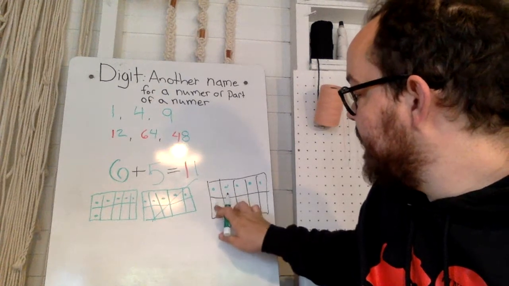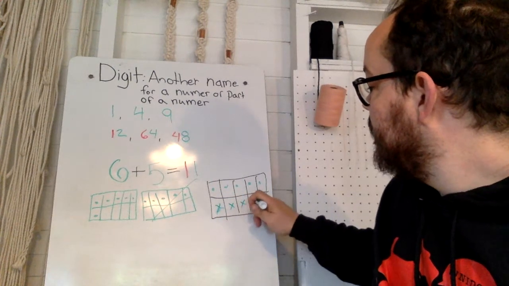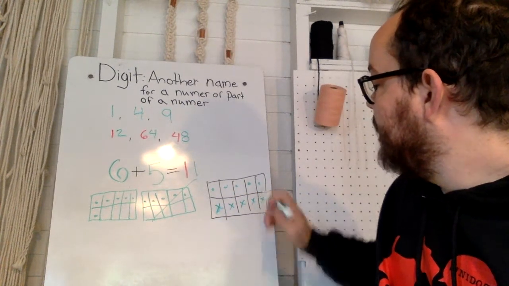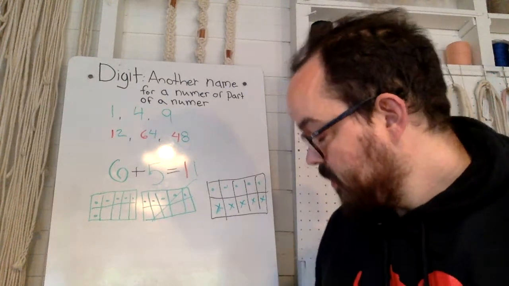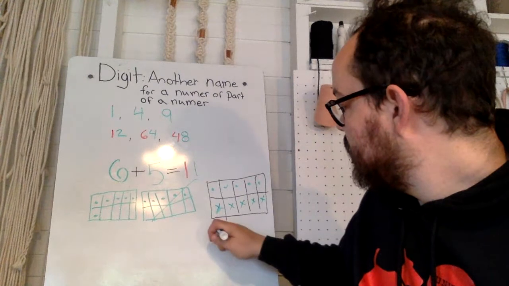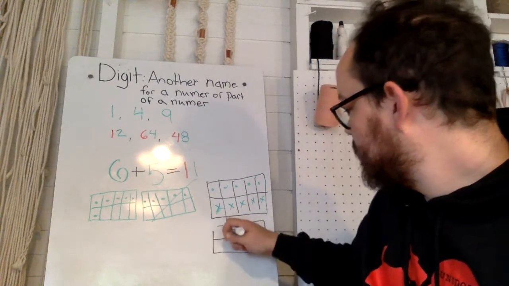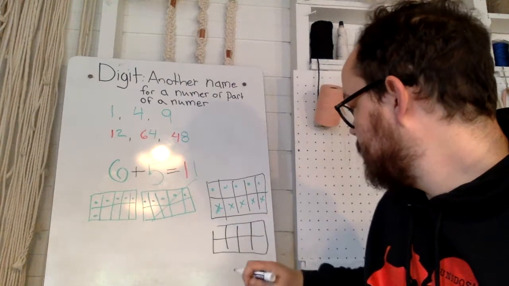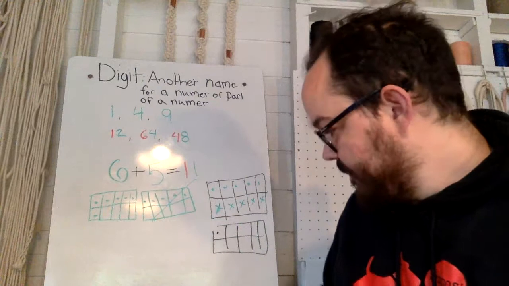I'm going to use X's instead. 1, 2, 3, 4, 5. Uh-oh. That 10 frame is full. And one more, right?